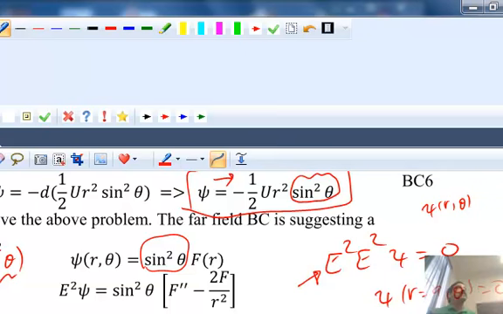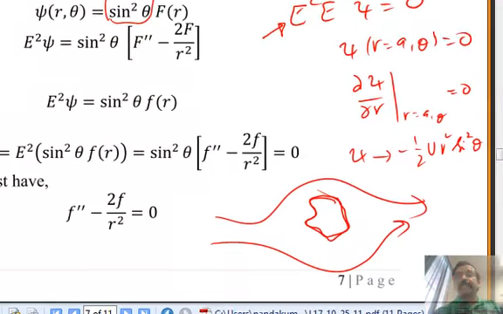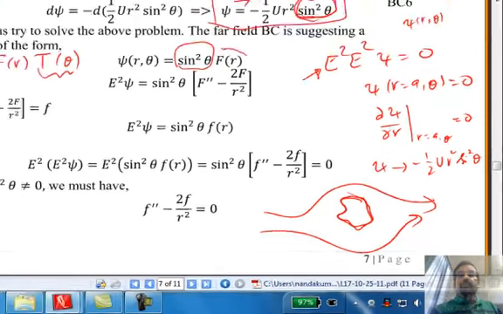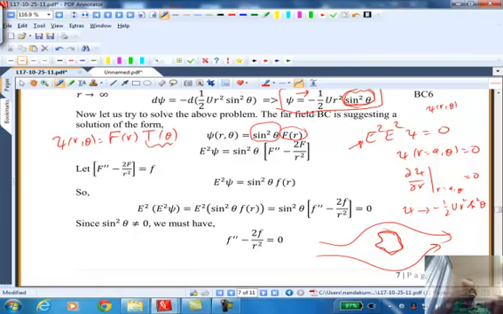Just the boundary condition will be more complicated, because I need to impose that boundary condition on such a complicated surface. But because it is a sphere, I know from the boundary condition that the functional form varies as sine square far away. So I'm going to make the conjecture that it varies as sine square everywhere, near the field also. So in the separation of variables, I'm going to separate this as sine square theta times an unknown function of r. I need to find that function.